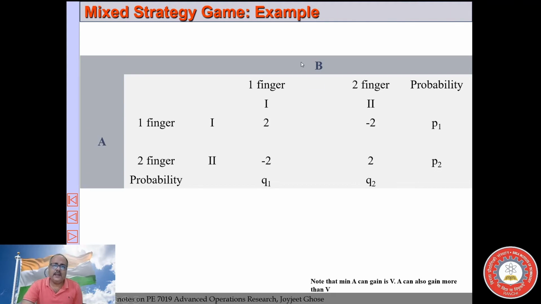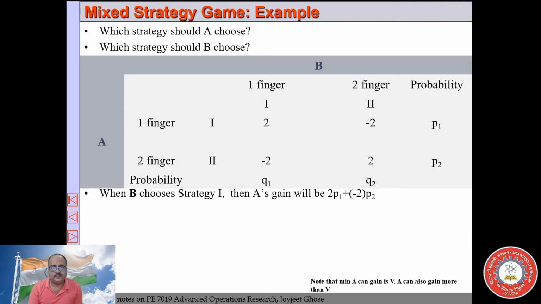So if B chooses to play strategy 1, A's gain or loss will be 2P1 minus 2P2. So this is an equation.